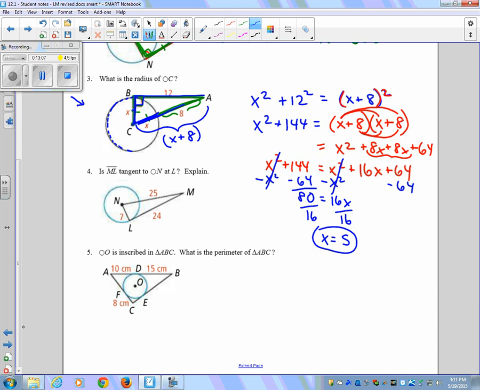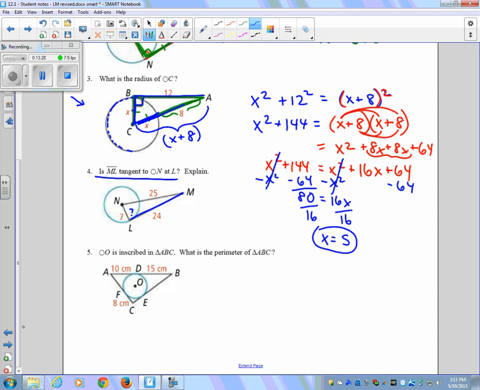So this one says ML is tangent to circle N. Oh, it's asking, is ML tangent to circle N at L? So really we're asking, is this a right angle?